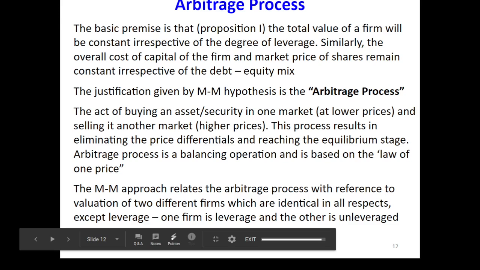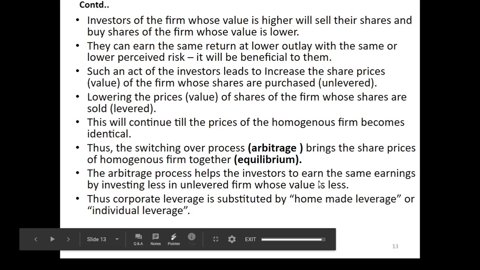The arbitrage process is a balancing operation and is based on the law of one price. The approach relates the arbitrage process to the valuation of two different firms which are identical in all respects except leverage. One firm is leveraged and the other is unleveraged.